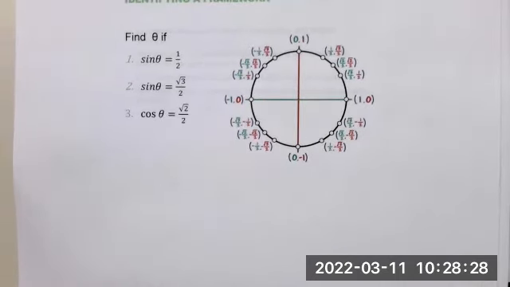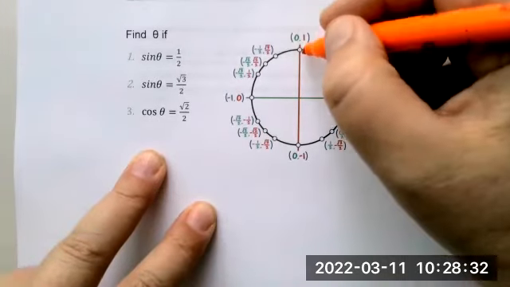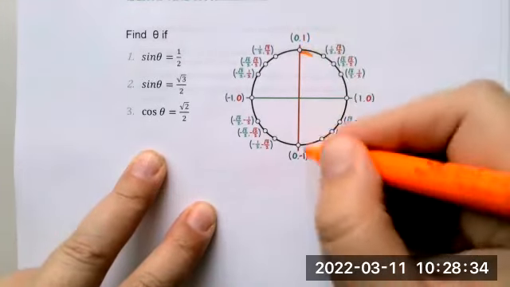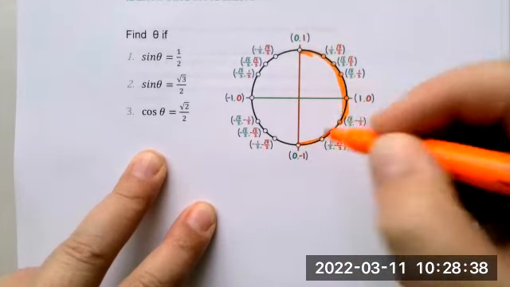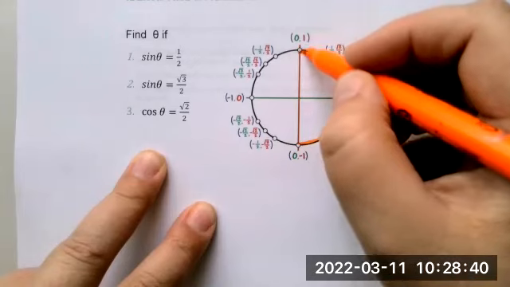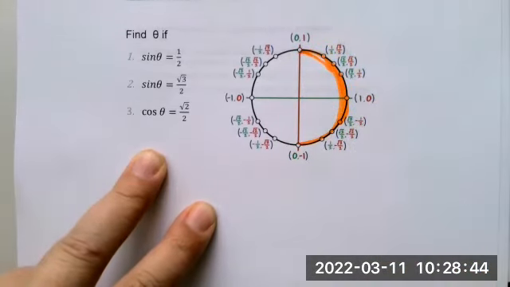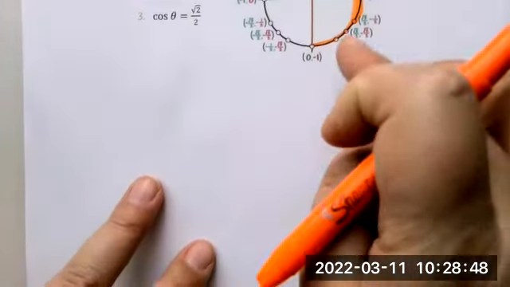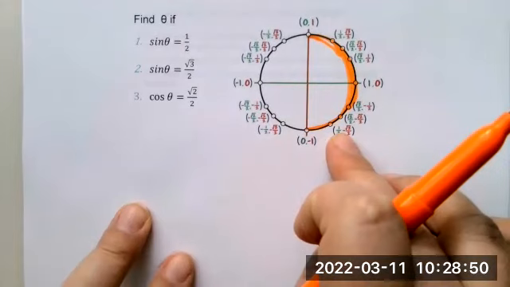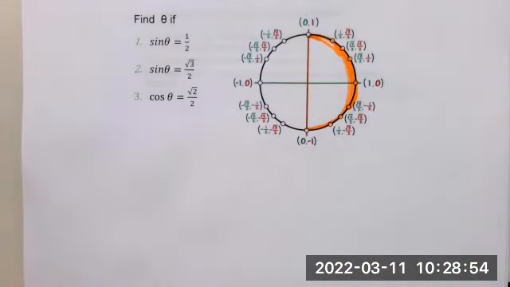So for arcsine function, we're going to have the range from negative pi over 2 to positive pi over 2. So basically this side of the circle. Okay, it looks like we're going to have the same range for the arctangent function as well. Now, what does that mean?